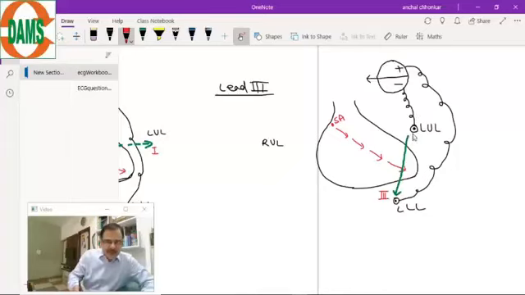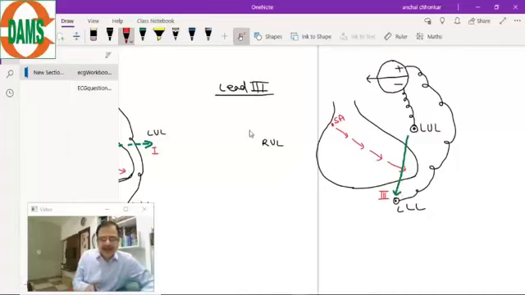The principle is the tail is towards the reference electrode and arrowhead is towards the exploring electrode. That is the simple basic principle of the vector line of any limb leads.